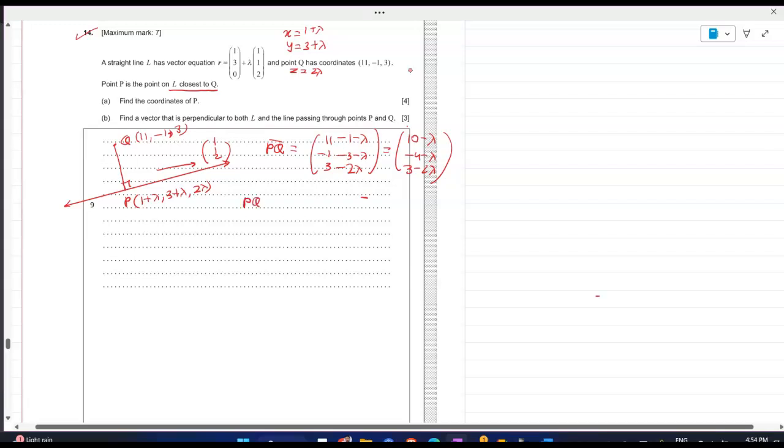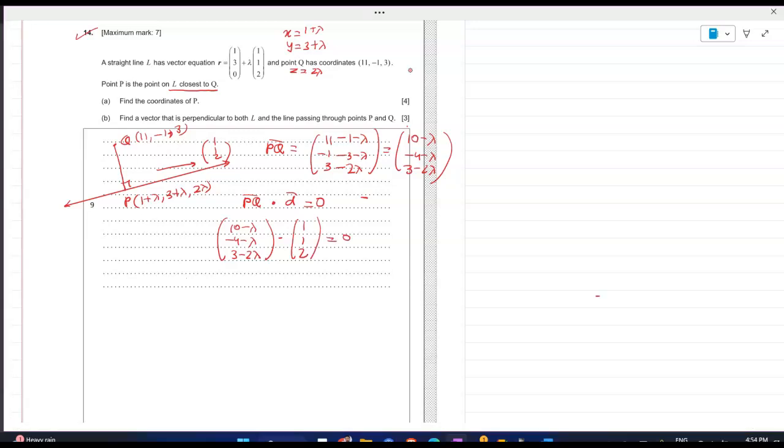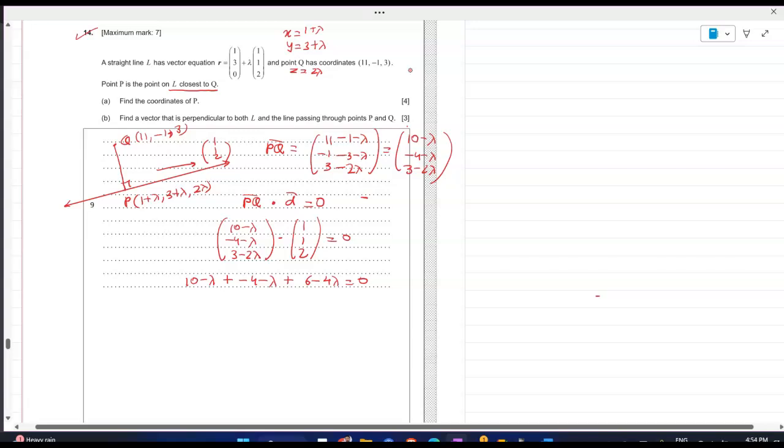Now since it's perpendicular, your PQ dot direction vector (1, 1, 2) will be 0. So a1a2 plus b1b2 plus c1c2 is equal to 0.